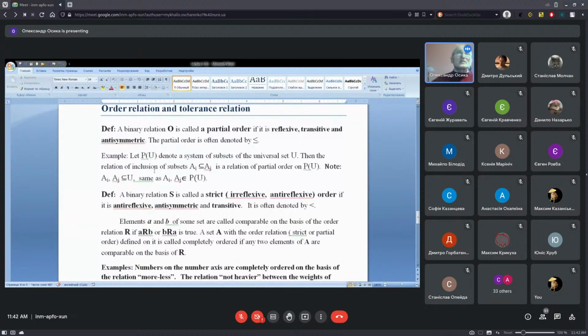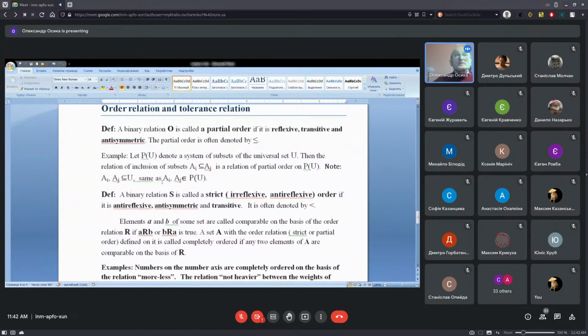Then the relation of inclusion of subsets A sub i into A sub j is a relation of partial order on P of U. Note, when we take a pair A sub i, A sub j, they are subsets of U, the universal set.